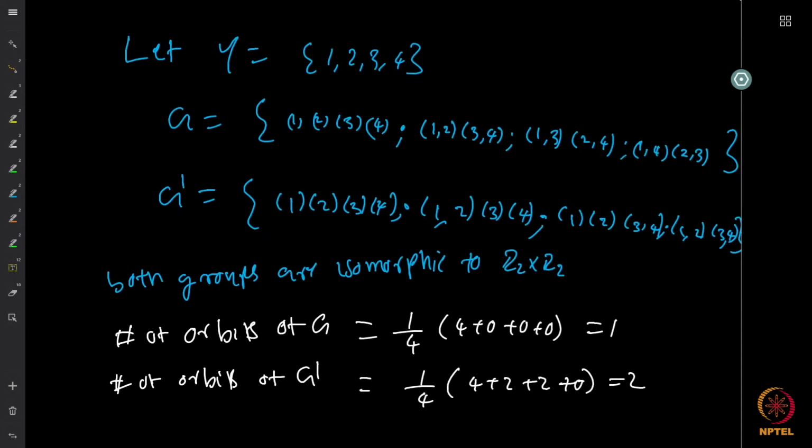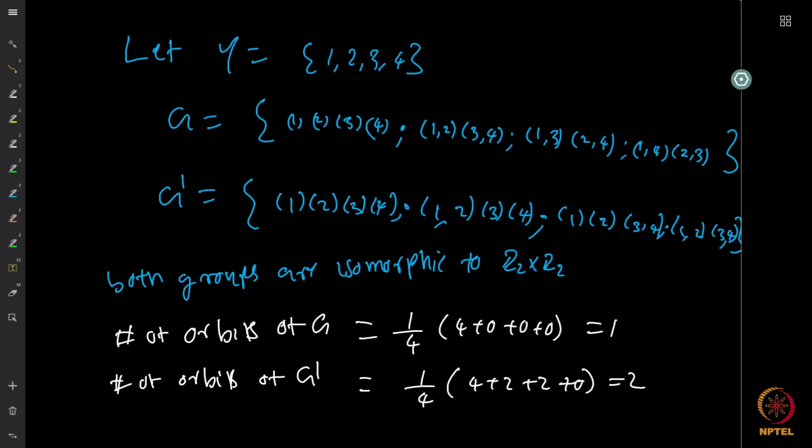You will see that you will get 4 plus 0 plus 0 plus 0, right, for the action of G. On the other hand, the number of orbits of G dash is 1 by 4 into 4 plus 2 plus 2 plus 0, because in the cycles like (12)(3)(4) and (1)(2)(34), two elements are fixed.